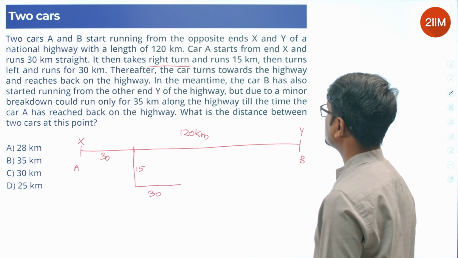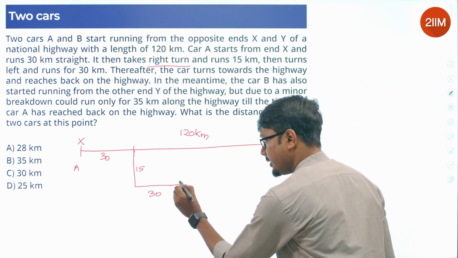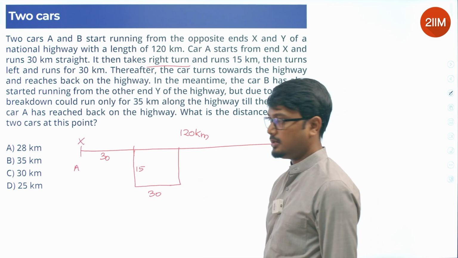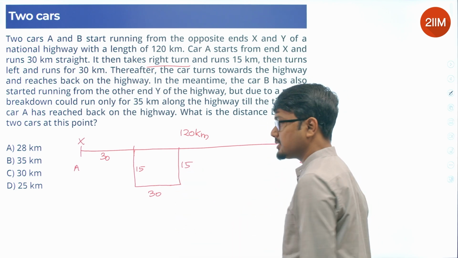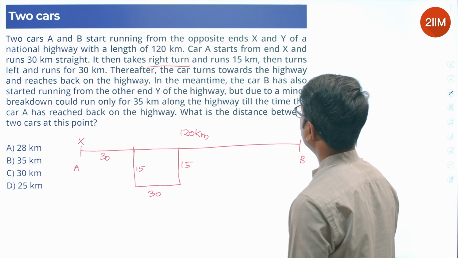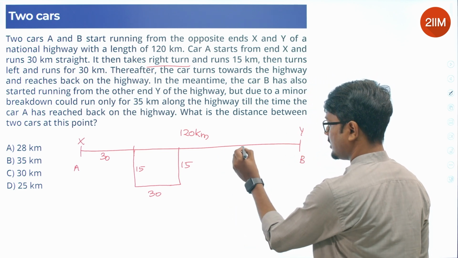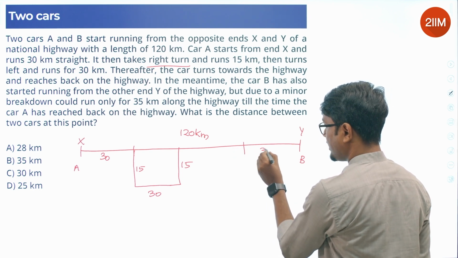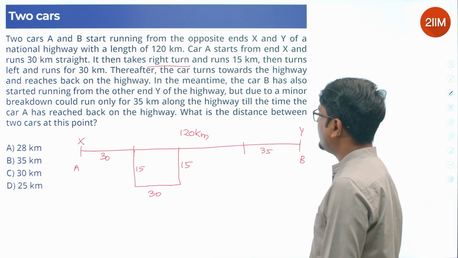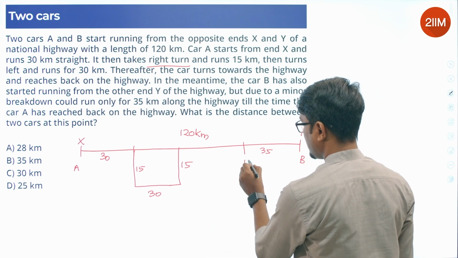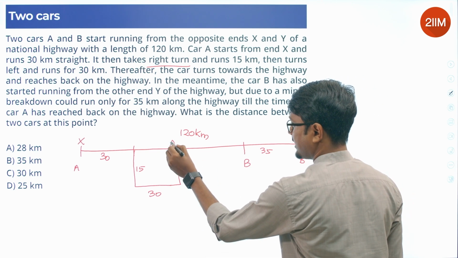Thereafter the car turns towards the highway, so it should be 15 kilometers, and it reaches back on the highway. Fine. In the meantime, car B has also started running. It ran around 35 kilometers and broke down. So car B is here now, car A is exactly here now.